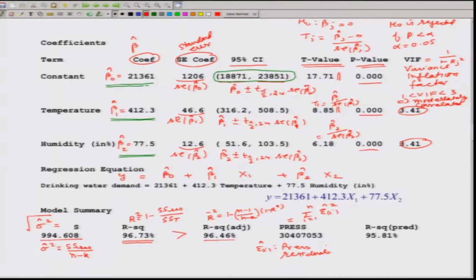And based on this PRESS statistic, we had defined the R square prediction, which is obtained by 1 minus PRESS divided by total sum of squares SST. And this R square prediction was the quantity that was helping us in deciding whether the fitted model can be used for prediction or not, and if used, how it is going to perform. So this value is here 95.81%. So it is simply indicating that this model is nearly 95% good for prediction.